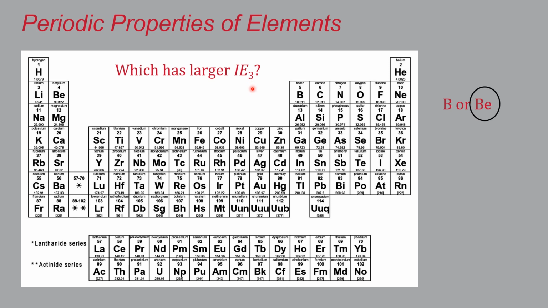For boron, all of those 3 are valence electrons. But for beryllium, that third one is a core electron. So the third ionization energy for boron is only 3660 kilojoules per mole. That's still a lot. But for beryllium, it is 14849. That's the difference between taking out a valence electron and taking out a core electron. So be aware of that.